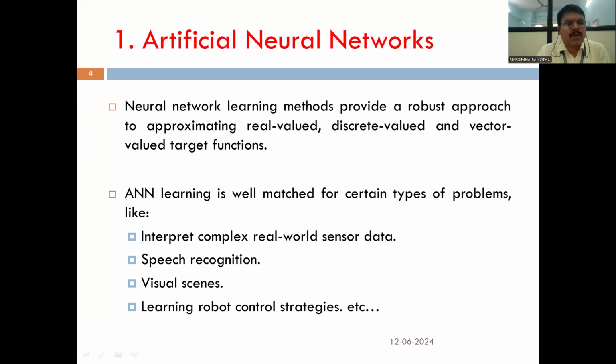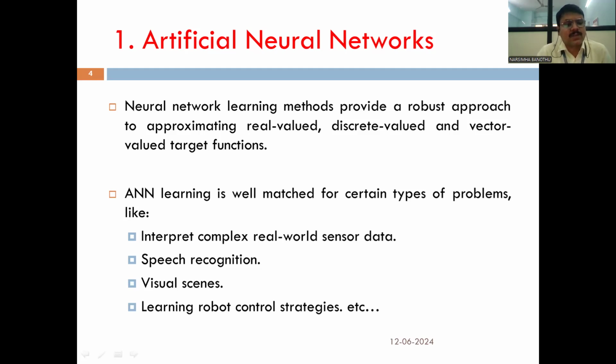Next, artificial neural network learning is well matched for certain kinds of problems like interpreting complex real-world sensor data, speech recognition, visual scenes, learning robot control strategies, etc.